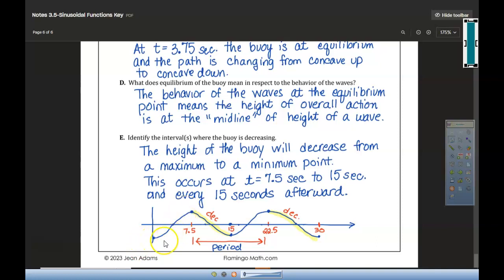We went up. So we're increasing from 0 to 7.5 seconds. And then we decrease from 7.5 to 15 seconds. And that's going to happen every 15 seconds after. Plus 15n, where n is an integer because 15 is our period.